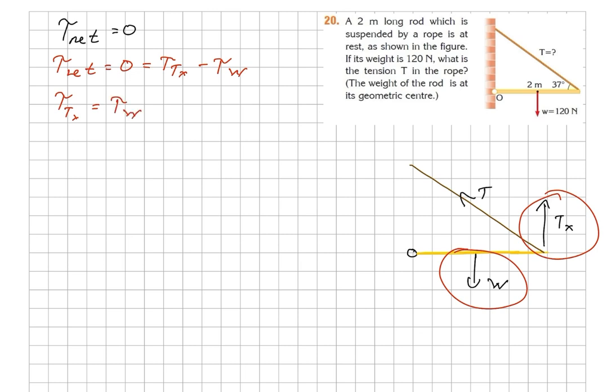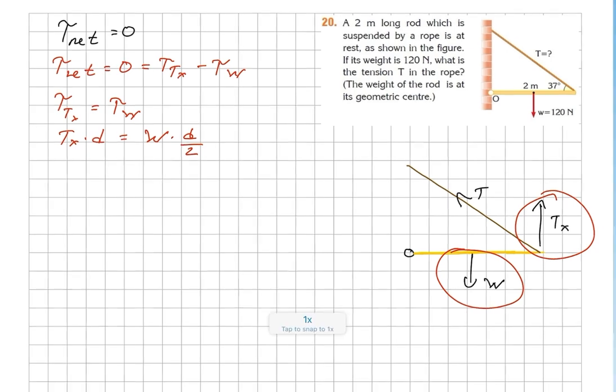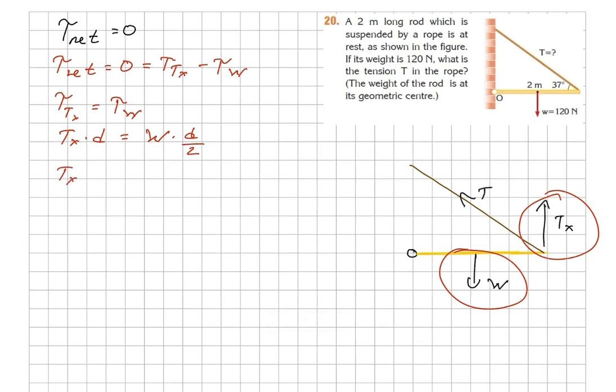Let's open it up. The torque of tension by X is equal to tension by X times the distance, which is just D, which is equal to the weight times distance over 2. Tension by X can be written as tension times sine alpha times D, equal to weight times D over 2.